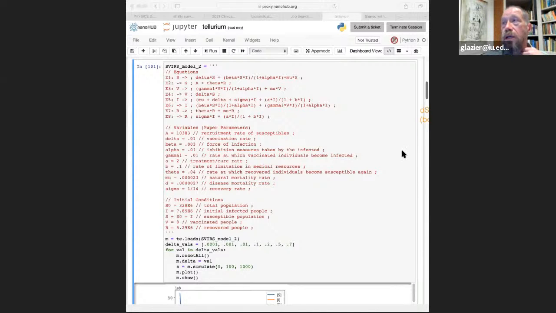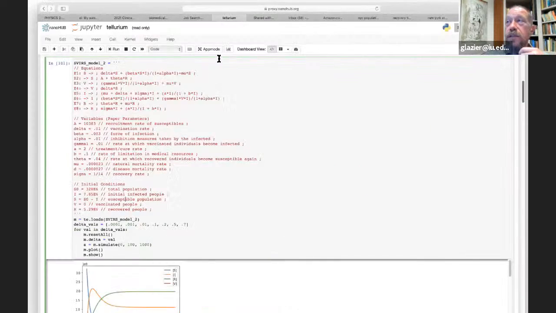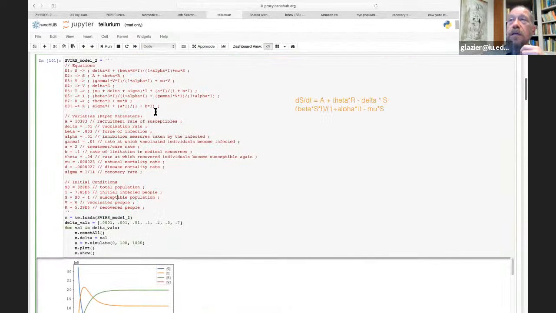Right. And so again, I don't have any particular reason to think there's something wrong here necessarily. What you've got here is a balance equation, which is typical of ODEs. So you have S disappearing because you've got delta times S, and it turns into V. That's fine. That means that delta is the vaccination rate.